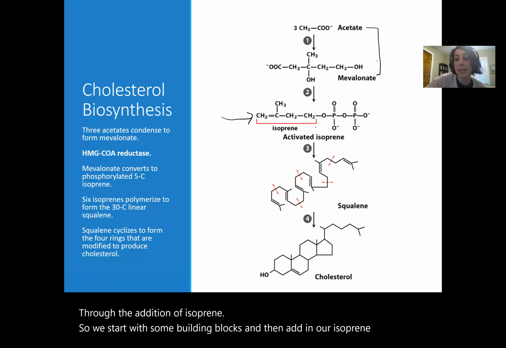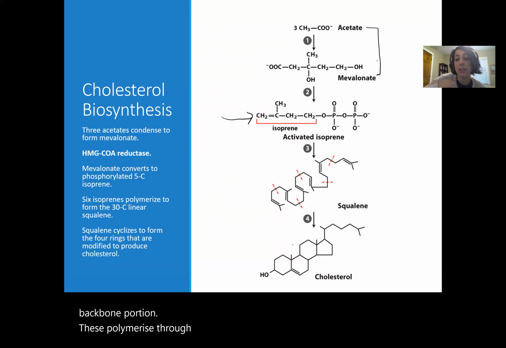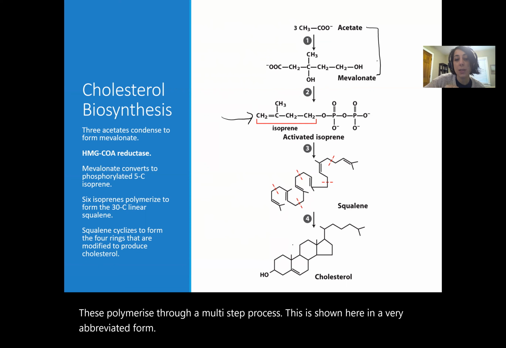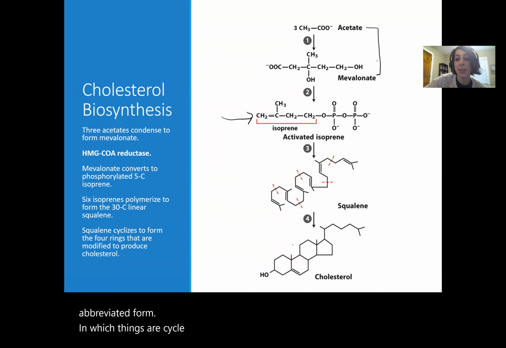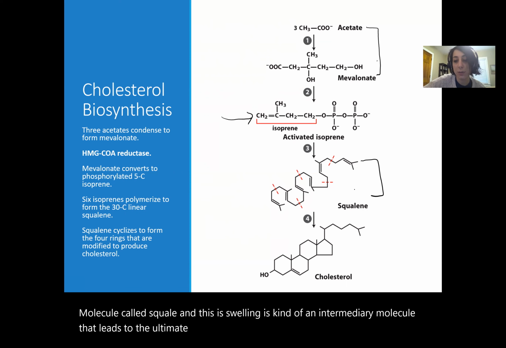And isoprene is used and activated through phosphate to then start building this backbone portion. These polymerize through a multi-step process. This is shown here in a very abbreviated form in which things are cyclizing and adding together, ultimately going to a molecule called squalene. Squalene is kind of an intermediary molecule that leads to the ultimate formation of cholesterol, which you can see here.